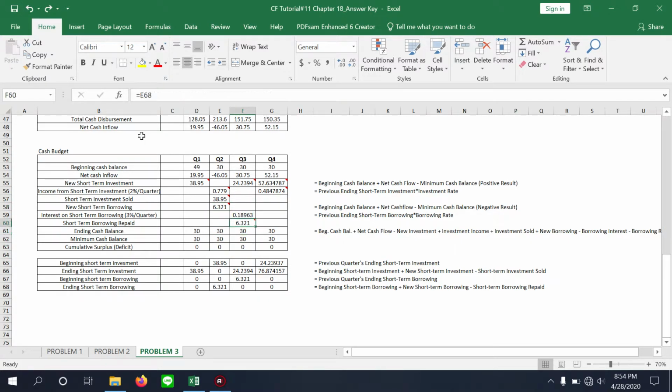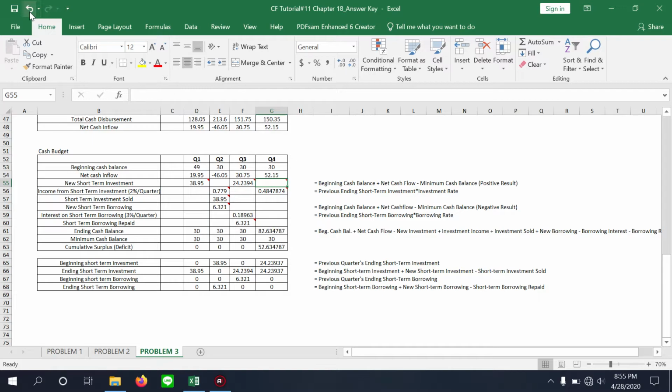Again, what happens here is that you have 30 as net cash inflow and you still need to pay the interest. However, you can see there's a cumulative surplus here. So you will try to pay the short-term borrowing, and after you paid all of the short-term borrowing, you still have money, so you will invest more again, to make the cumulative surplus zero.